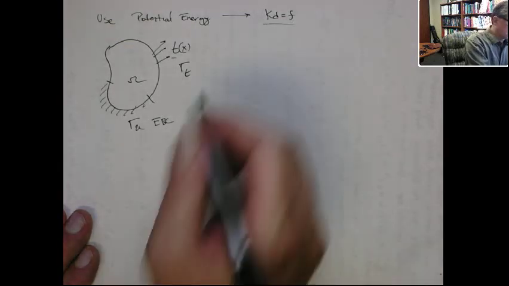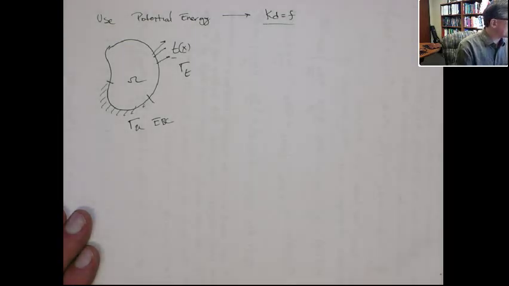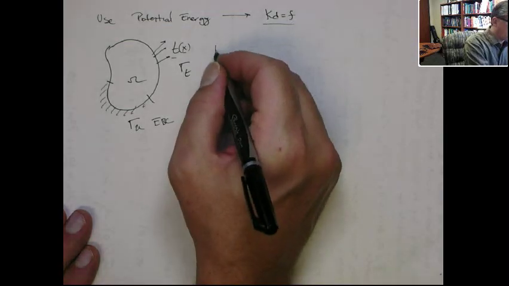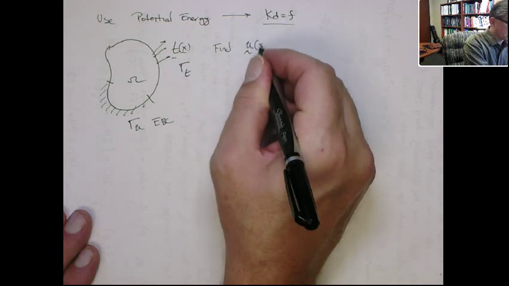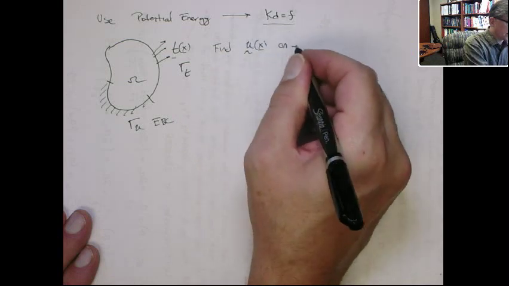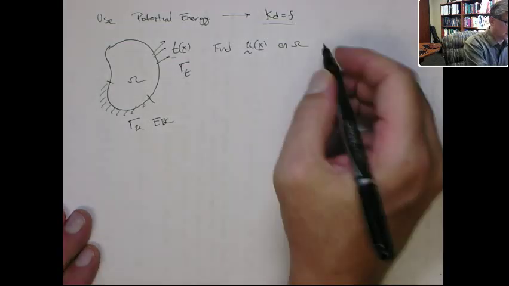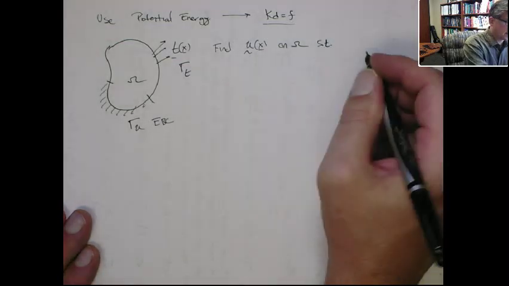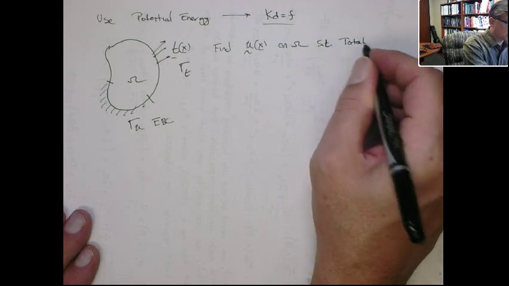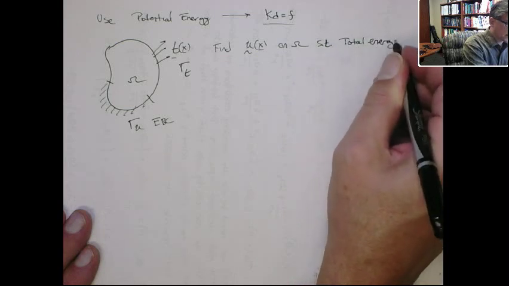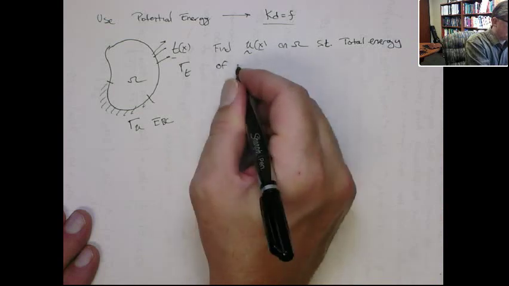All right. So we want to find the displacement field on this domain omega such that the total energy of the system is minimized.